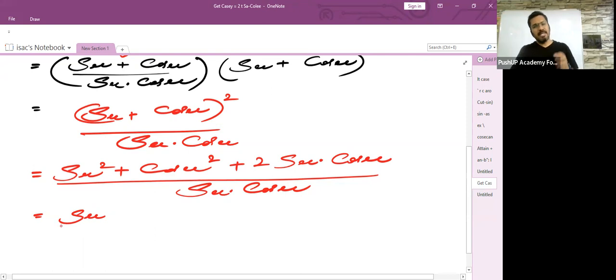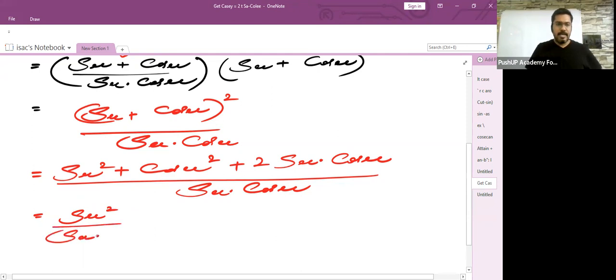Achha, let's give it a try, children. Let's see whether we can reach the solution. Otherwise, we'll find an alternate solution. Let me divide it individually and see whether I'll get it.